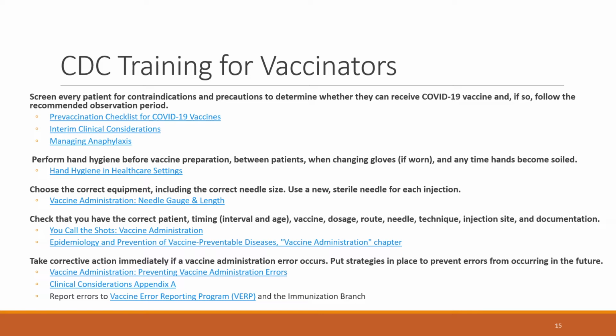It is also important to choose the correct equipment for your patient, such as the correct needle length, and to check the 5 rights of drug administration: the right patient, the right medication, the right dose, the right route, and the right time. Lastly, if a vaccine error occurs, all medical staff should know how to identify the error and report it.